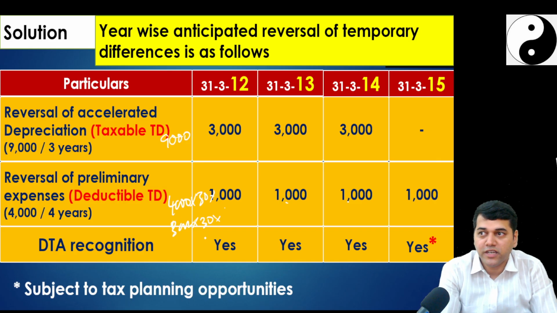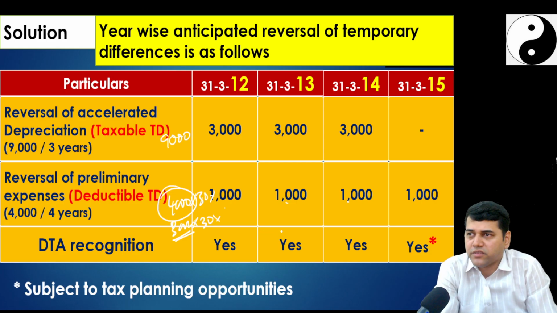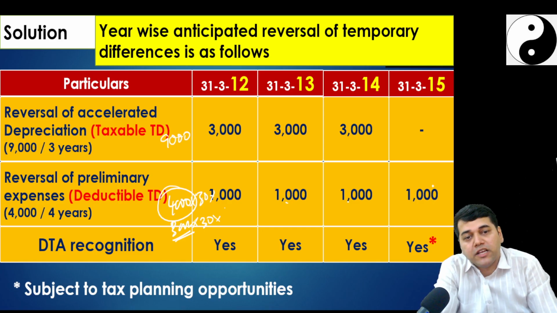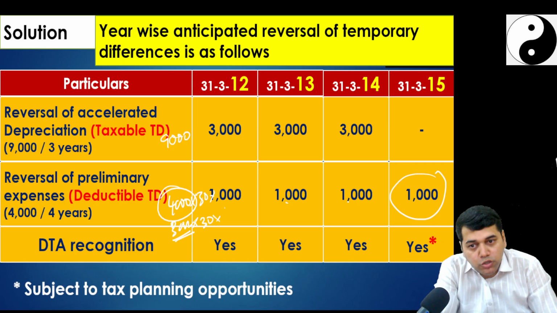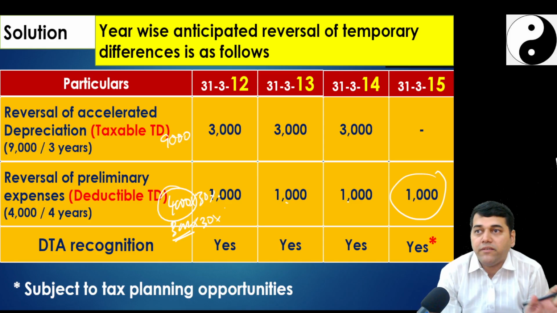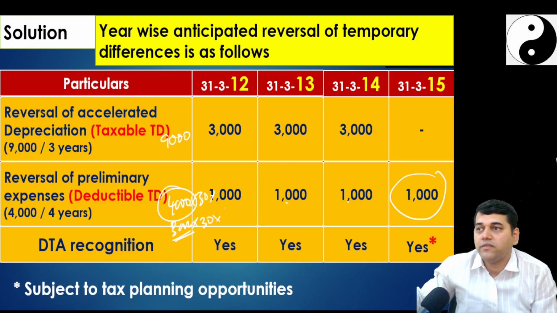I need to recognize the deferred tax asset now today. This is my total deductible temporary difference. So I will take 3,000. Or 4,000, whatever. This can depend. You have to explain that. So if I have got a tax planning opportunity in the last year, then today I will recognize DTA on 4,000 into 30%. If I don't have any tax planning opportunity, that means all the three conditions failed, so I will recognize on 3,000.